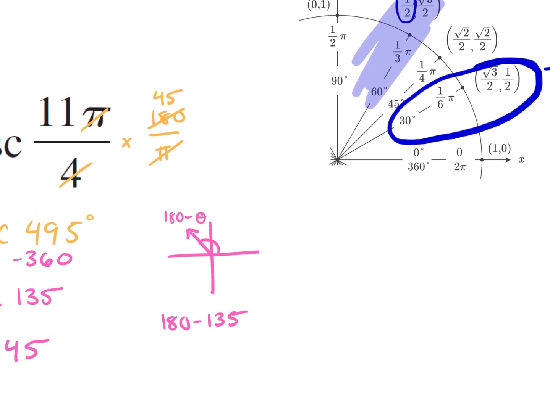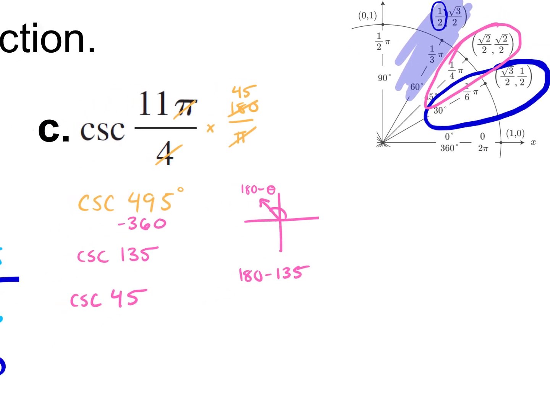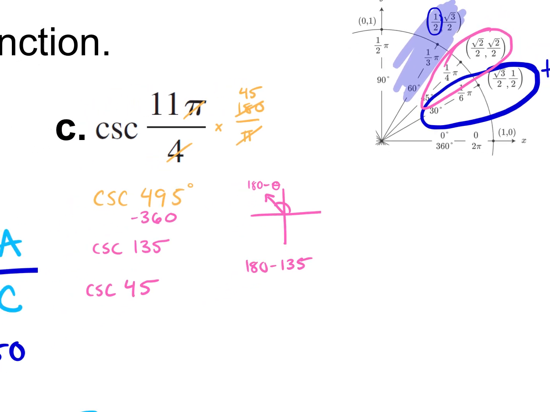So we're going to go to 45 on our unit circle here. Cosecant is what over what? 1 over y. It's the reciprocal of sine. So 1 over y on our unit circle here would be 1 over square root 2 over 2.